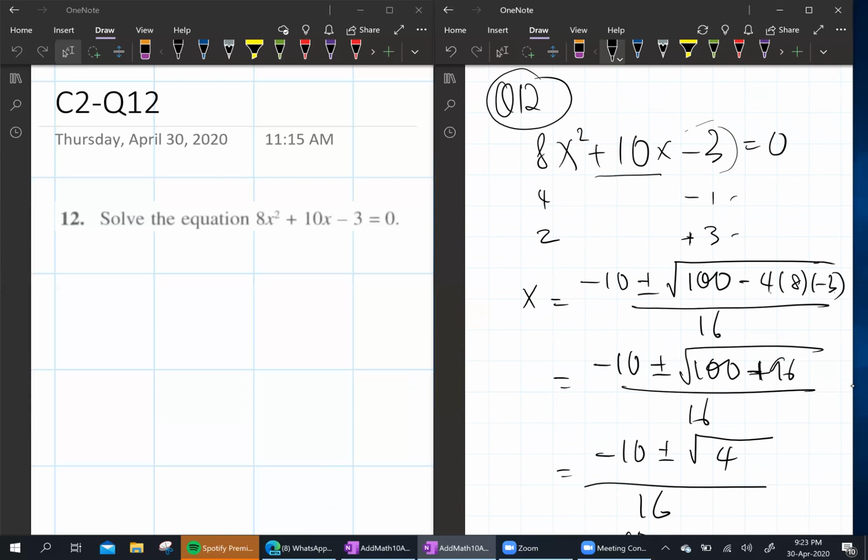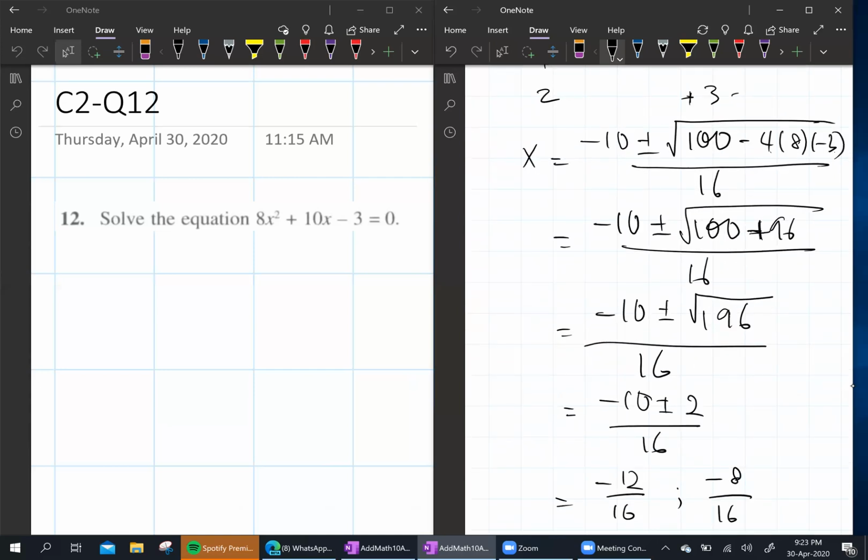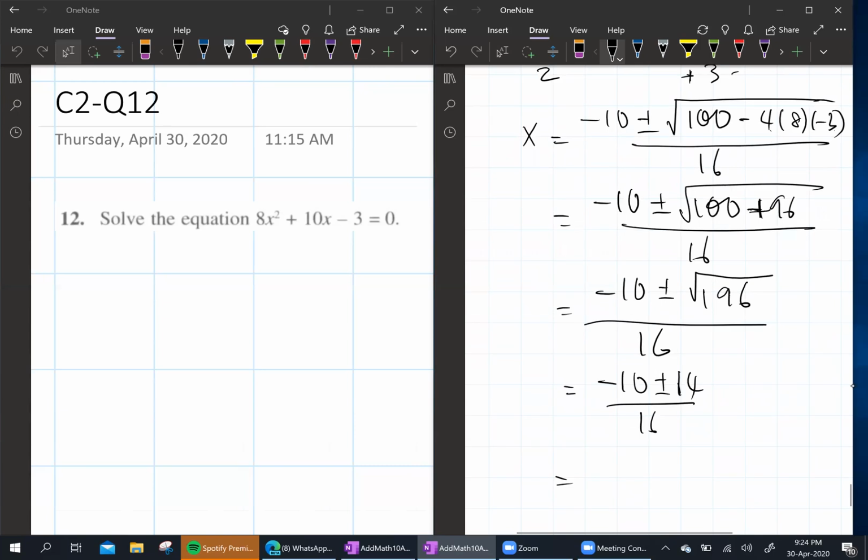Plus 96. Oh, yes. 196. 196 is how much? 196 is 13. No, not 13, it is 14. So minus 10 plus minus 14 over 16. So it becomes minus 4 over 16.